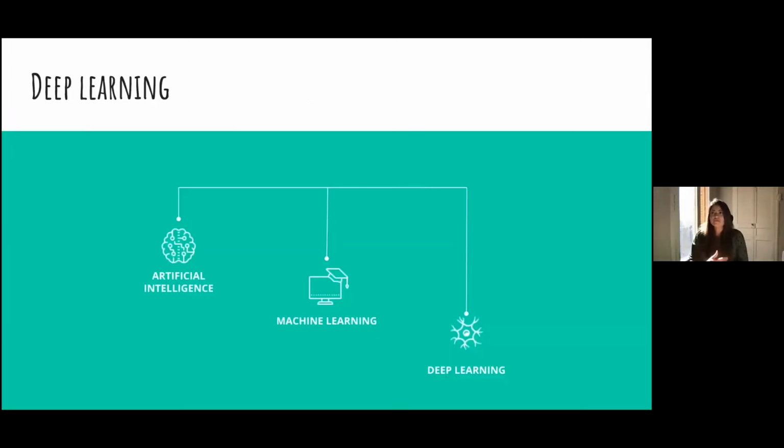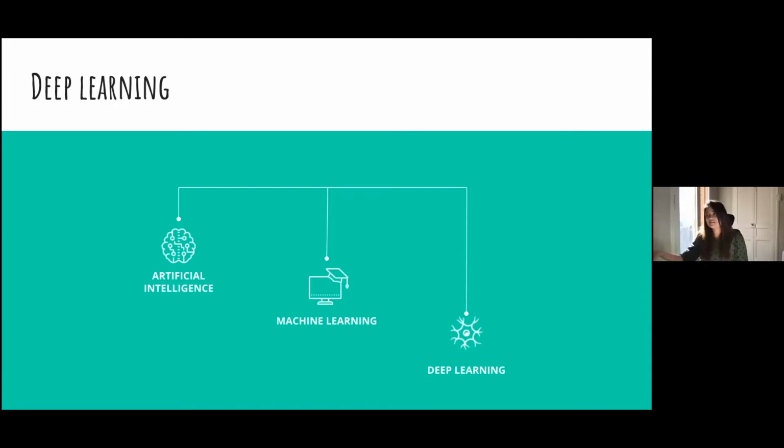But we also have to go back a little bit to define what deep learning is. Many of you, I guess, have heard about artificial intelligence, machine learning, and deep learning, but what is it all about? Artificial intelligence is anything that enables the computer to act like humans would act, and this includes machine learning. Machine learning is a subset of AI that includes techniques that enable machines to improve at tasks with experience, like after learning.